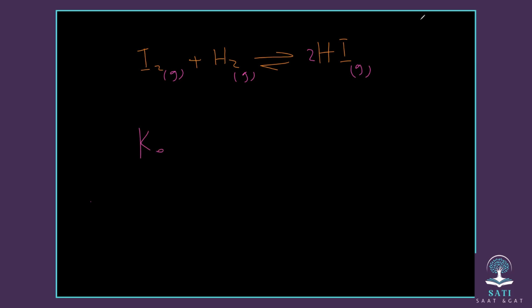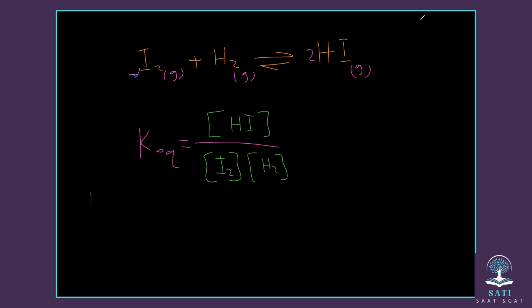Equilibrium constant. So equilibrium constant, as we said, equals products, which is HI, over what? Over reactants. And here now, I2, and here is what? H2. But now make sure you write the power as the number of moles.